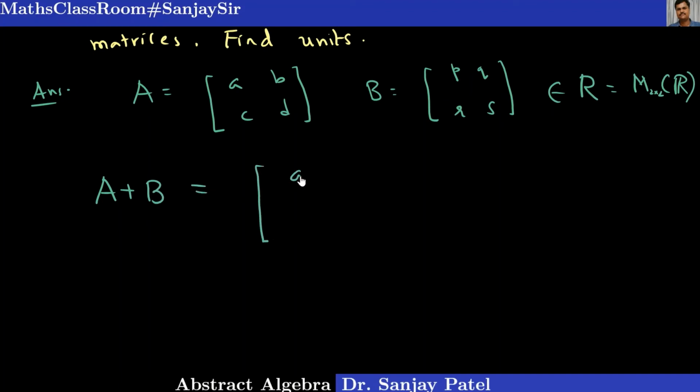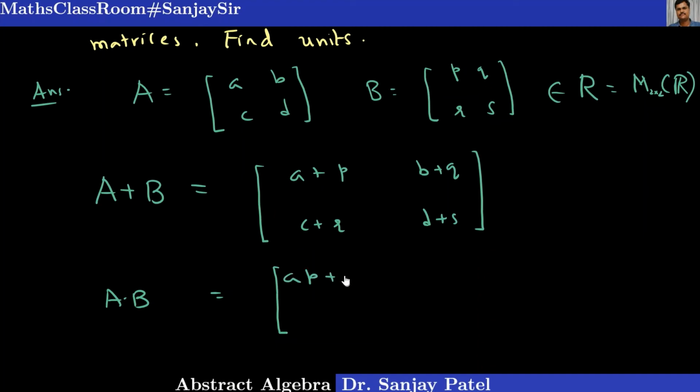Plus is the sum of two matrices, or addition of two matrices. You know how we add the corresponding elements, C plus R and D plus S. And A into B, the second operation of multiplication, you know how two matrices are multiplied: this row into the first column, so A into P plus B into R, then A into Q plus B into S. So first we keep the row fixed and then multiply with these columns.